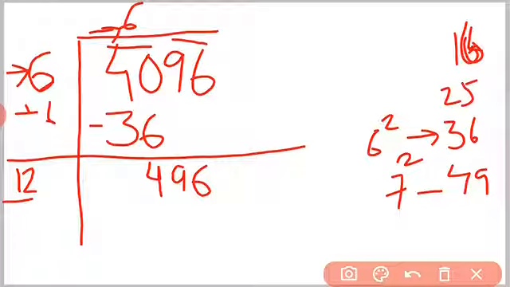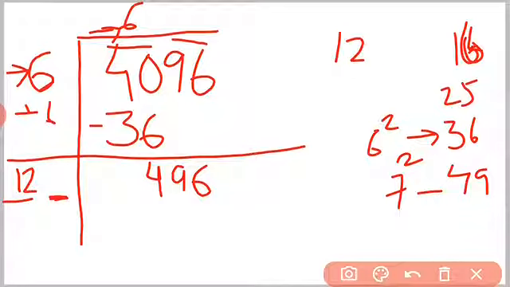So now what will be the next step? Yes, we have to find the number which should be multiplied with this new divisor to get a number close to 496 or equal to 496. So let's start.